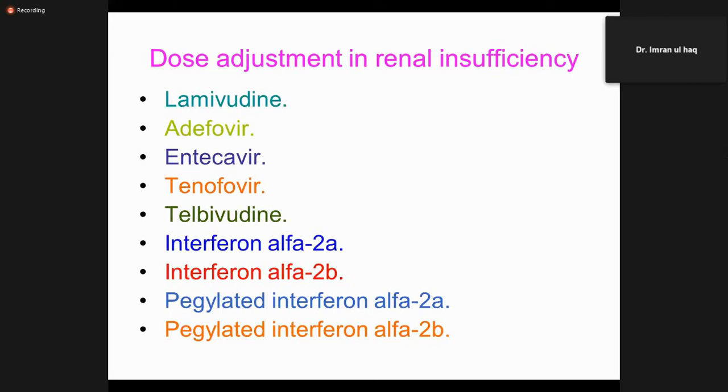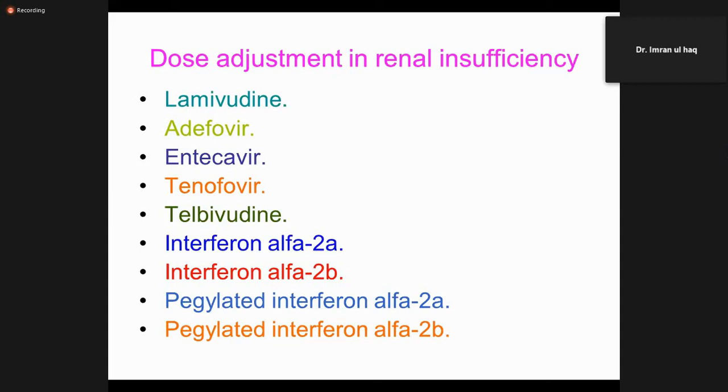Okay, this is an important slide because of the major problem related to the drugs, especially the drugs that we use in the treatment of hepatitis B virus infection, or if we are using interferon, because of dose adjustment in renal insufficiency. These are the drugs mainly eliminated through the kidneys.